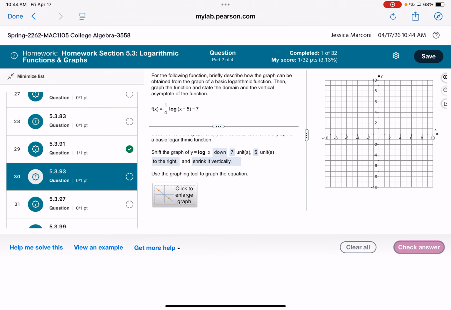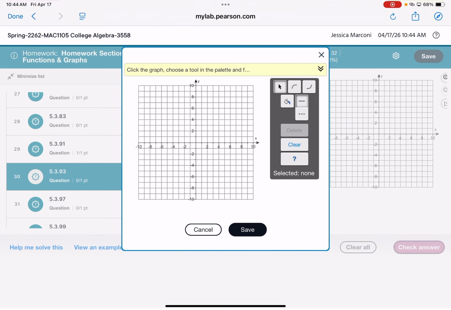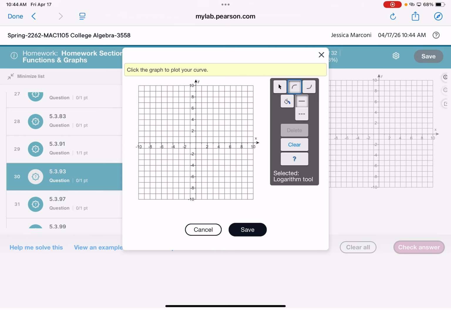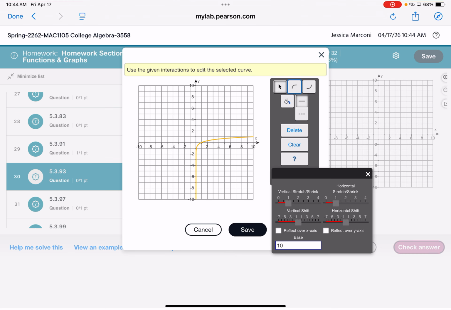Wait, I'm sorry. I said that wrong. I need to click this one. They're actually both increasing, but the one on the left is the one for the log function. So I need to click that one, and that goes through the point 1, 0.